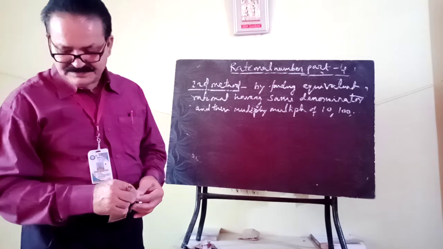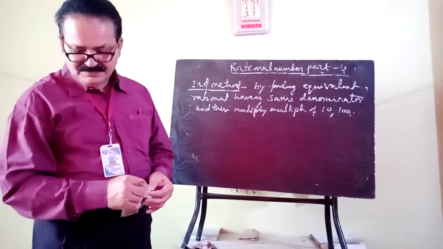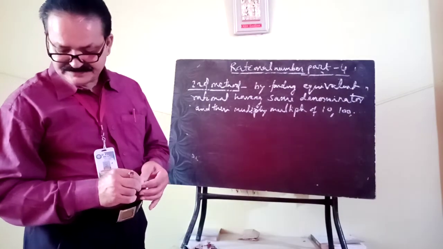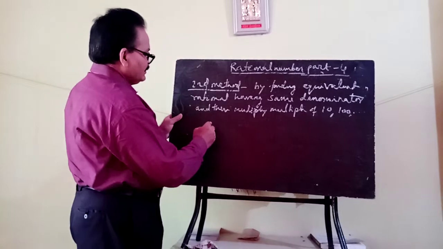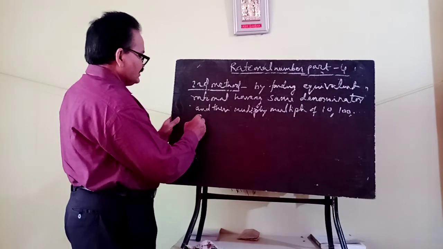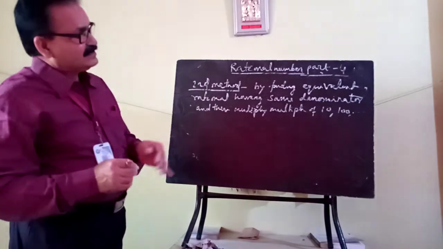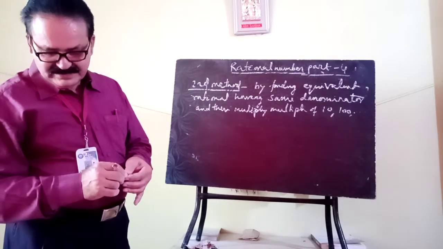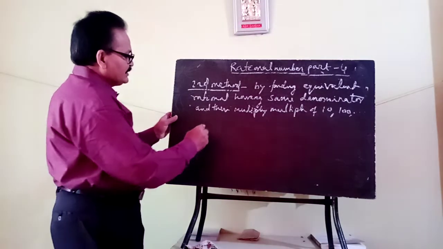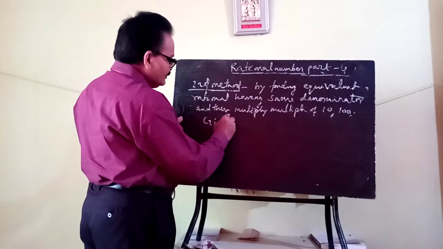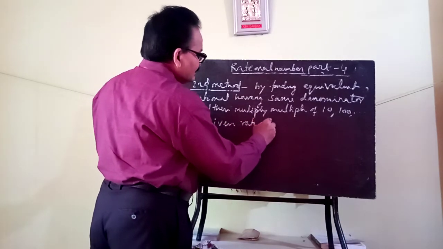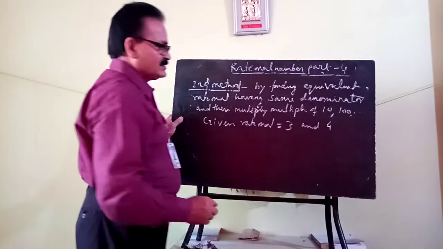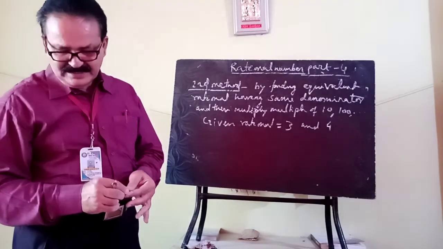Let us take an example. Suppose you have to insert rationals in between 2 given rationals. Suppose your given rationals, for example, are 3 and 4.